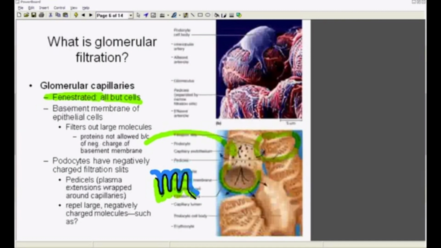So the little finger-like projections I've put in blue and green here are the pedicels. Those are the extensions, and we have these in black here, the filtration slits through which things pass through.